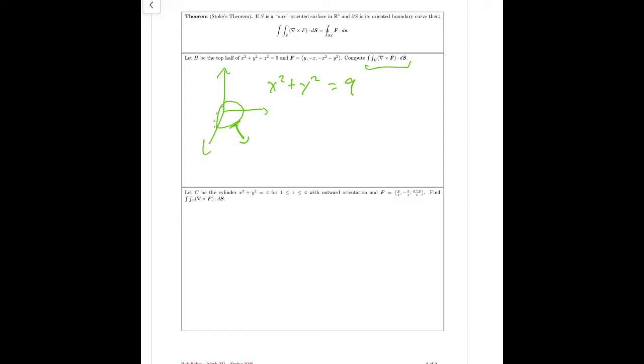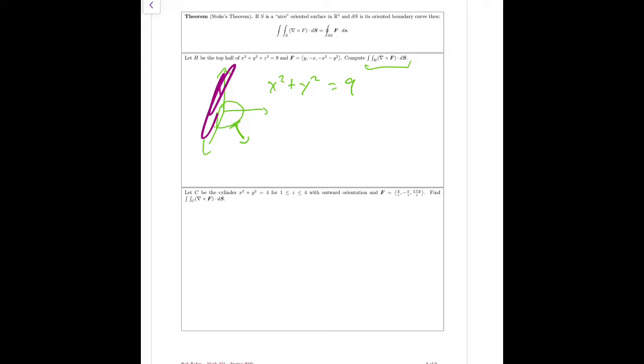If you walk around in the clockwise direction with your left arm sticking out, then your left arm is going to be pointing down away from this hemisphere. But if you walk around in the counterclockwise direction with your left arm sticking up, then you're going to be walking with your left arm over the hemisphere. So if the surface has outward orientation, this induces a counterclockwise orientation on the boundary.